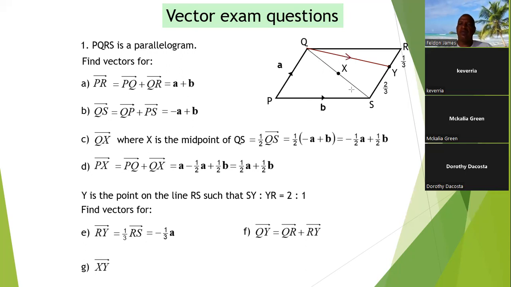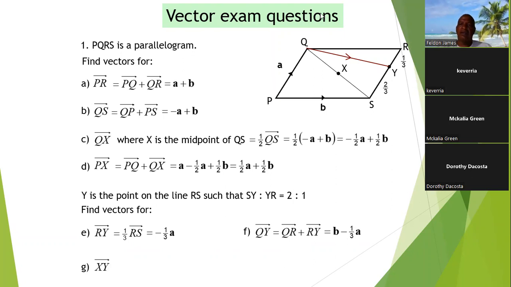You can go from Q to S, and then S to Y, or you can go from Q to R, and then R to Y. So whichever way you want to go. If you go from Q to R and then R to Y, this is what you would get. Because Q to R would be B, and R to Y, we know that's negative 1/3 A. So it would be B minus 1/3 A.